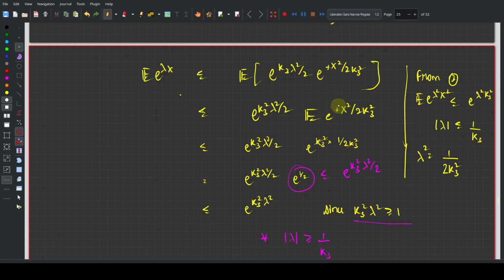I'm just bounding this particular quantity. So this is the expected value of lambda prime square x square, where lambda prime equals 1 over 2k3 square. Maybe I should call this lambda bar or lambda prime. So the lambda over here is different from the lambda here. That's the thing to keep in mind. I've reused notation, which is probably the source of confusion. That's okay.